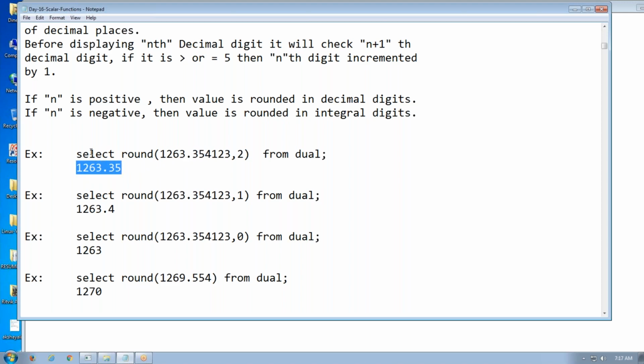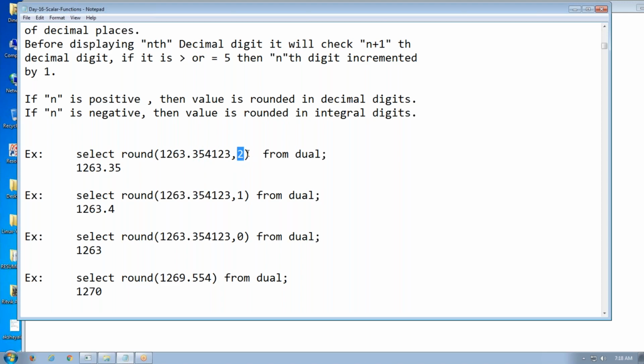But remember, before printing the last digit, it will verify the next digit also. If the next digit is greater than or equal to 5, then it will increase the required digit by 1. What is the required digit?